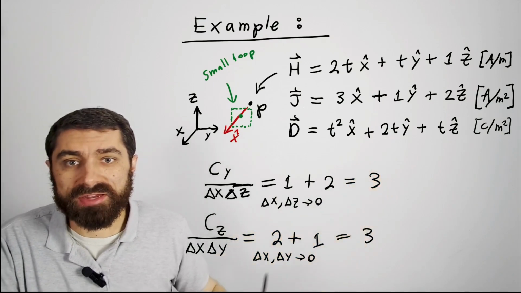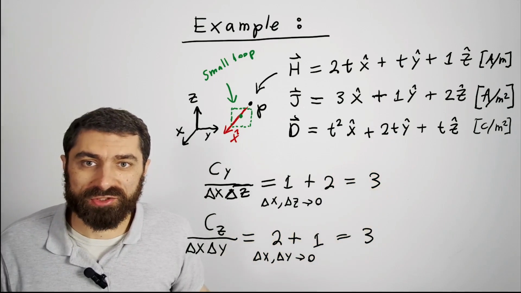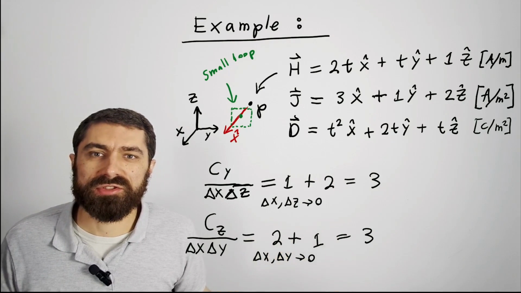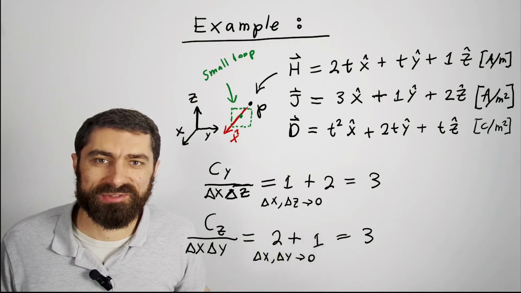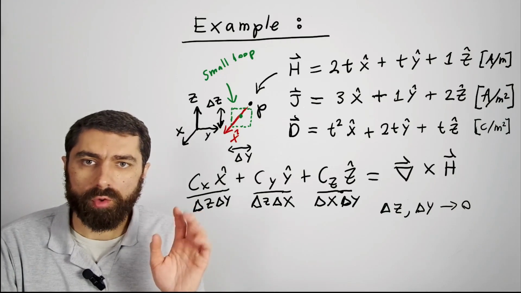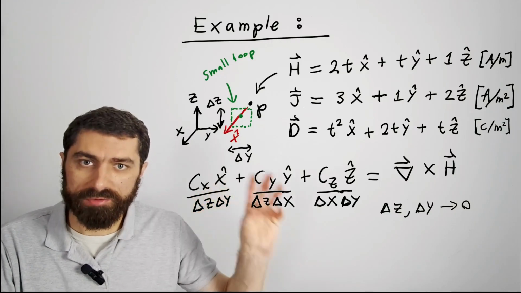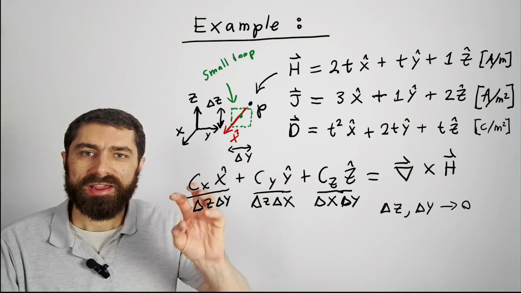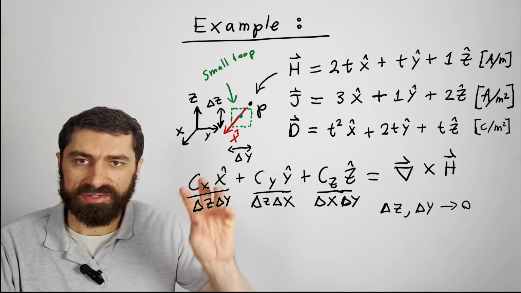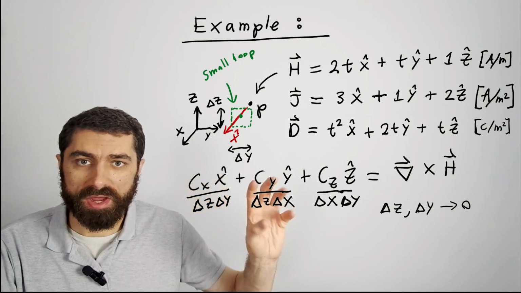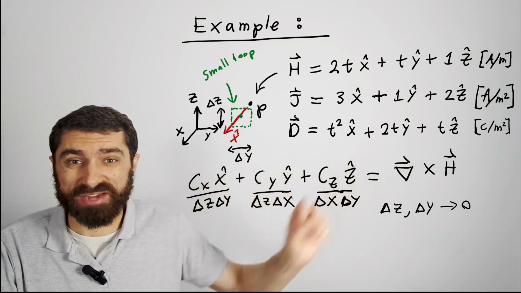And you can do the same thing for the z direction. So you get three different numbers, or three different circulations per small loop. So we can put all of this together and actually form a vector with all these separate circulations per small loop, and set the x one with an x hat component, the y with a y hat component, and the z with the z hat component.